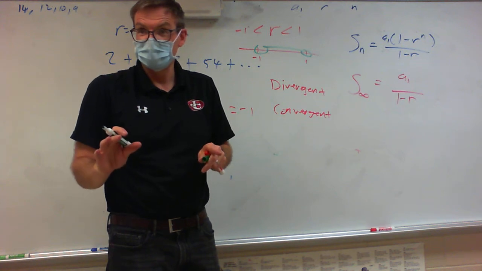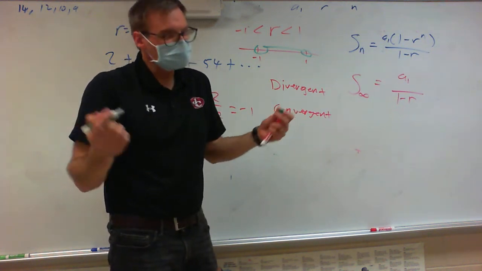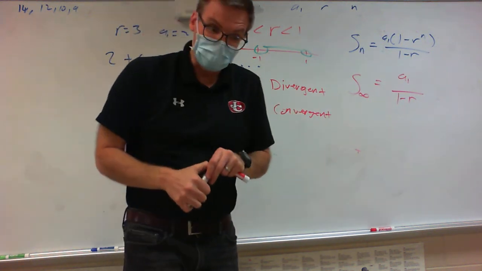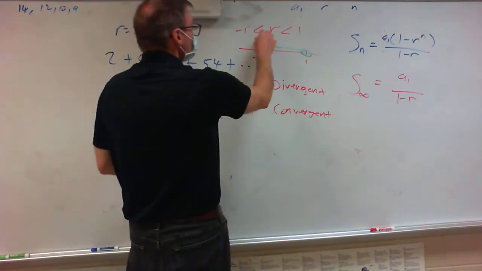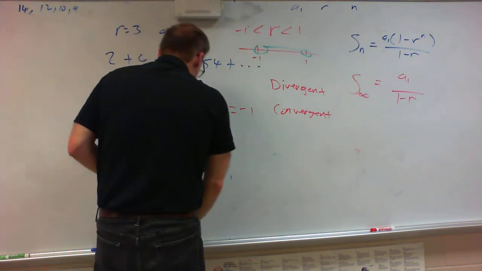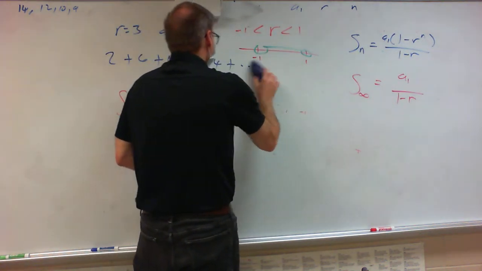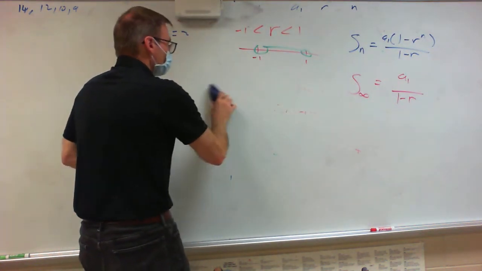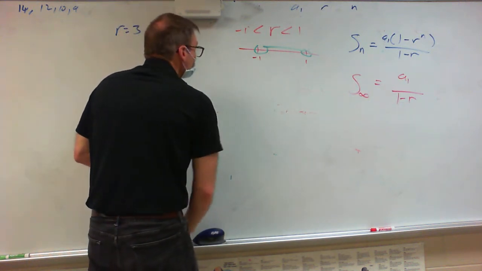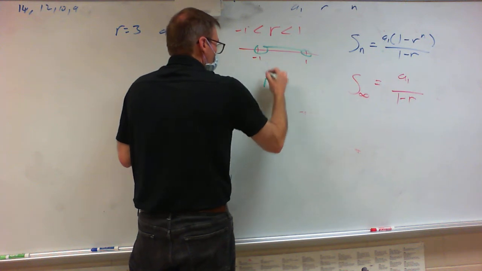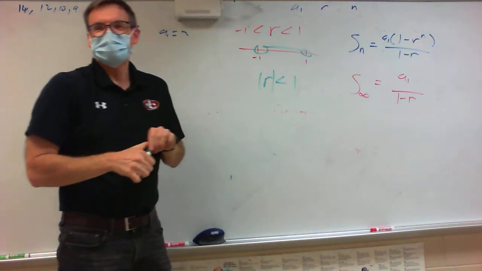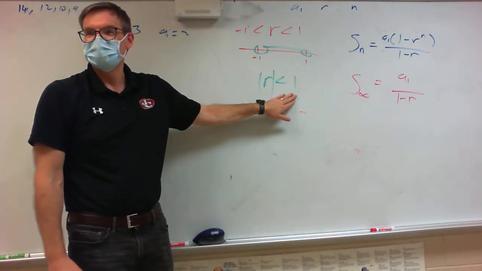So far, so good? But some textbooks, and in particular Know or Math, don't write it this way. Instead of saying r is in between -1 and 1, Know or Math says the absolute value of r is less than 1.